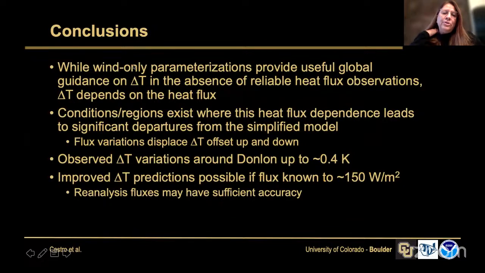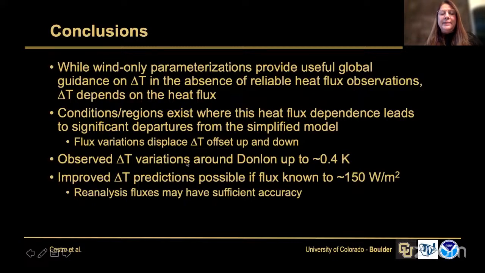So in conclusion, the main take-home points are that simplified delta T parametrizations are pretty useful in the absence of reliable heat fluxes, but let's not forget that delta T depends on heat flux. And this heat flux dependence, we show that there are conditions and regions where it might be affecting the simplified model by pushing it up or down depending on the heat flux variations.